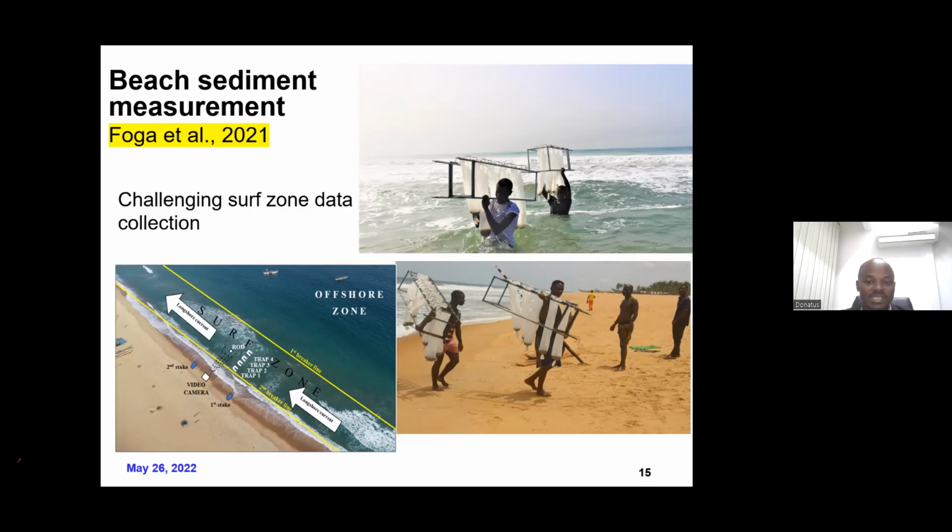This is something we are now trying to do. So you see, these are some of our students who have devised their own strategies using existing theories to measure sediment quantities in the nearshore. As you can see, this is very risky, but we have to do it so that we can support policy making on what is happening along our coastline. Next slide.